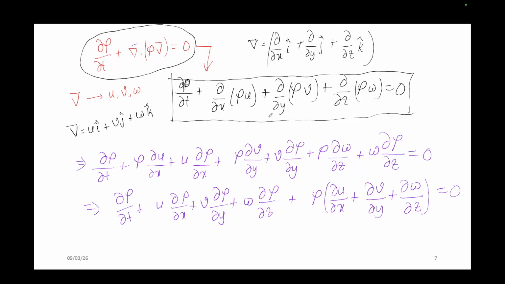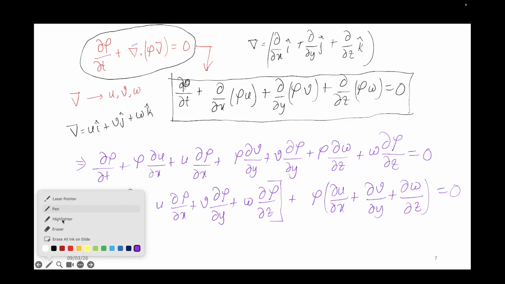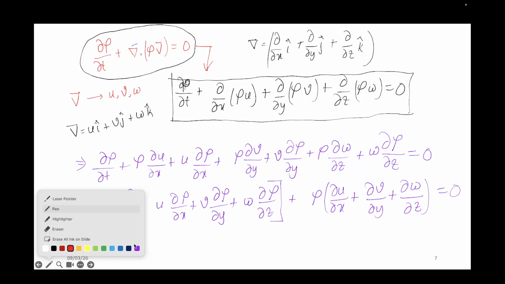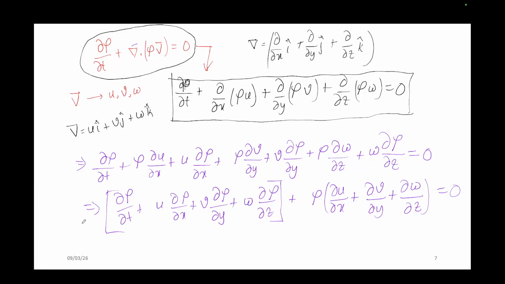See, if I divide it into two parts, this one is one part and this is the next part. Say, for an incompressible fluid, what is an incompressible fluid? Can anyone tell what is meant by an incompressible fluid?